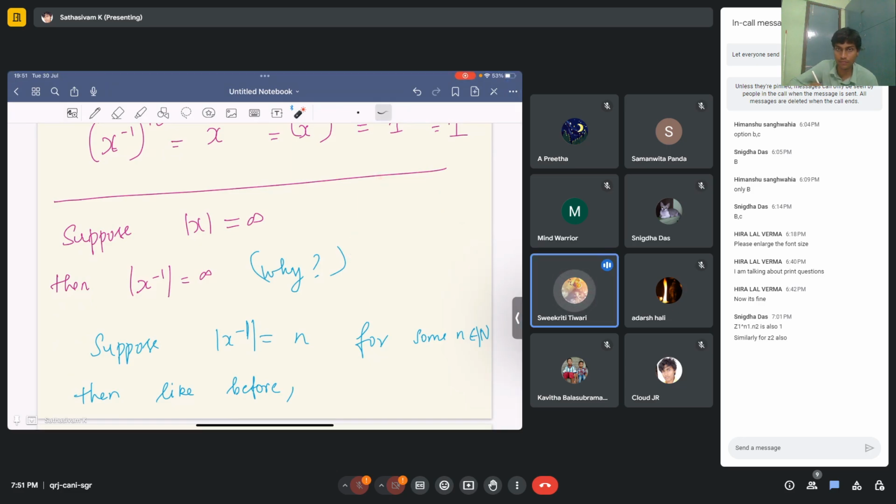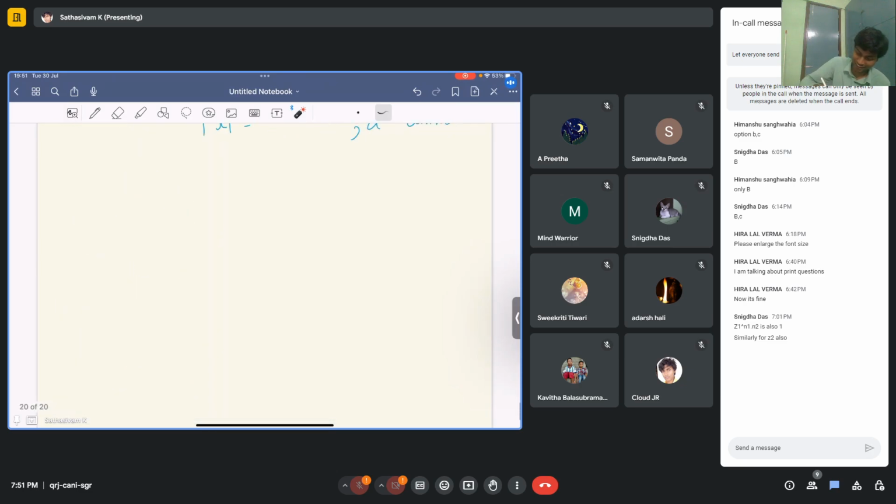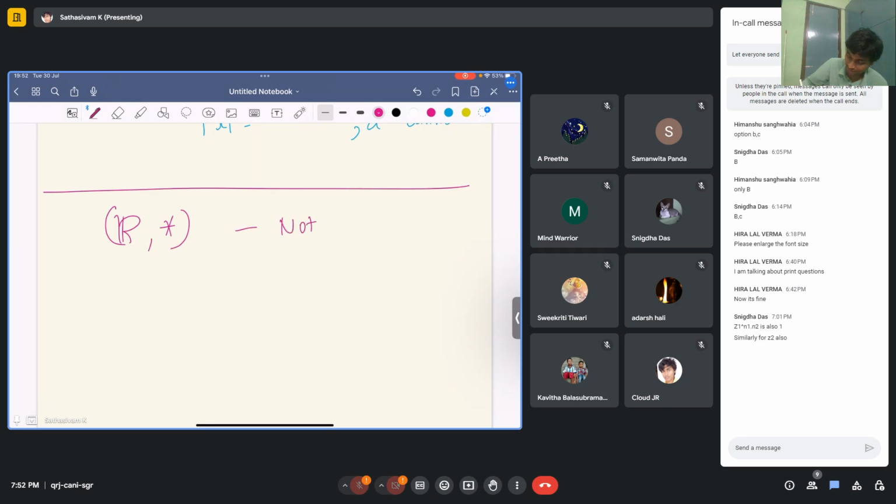Under multiplication, the identity would be 1, and however many times we multiply by 0, it won't give us 1. Yes, here is one interesting thing. If you take R star, this is not a group. Why? Because 0 times any x is 0, and thus the inverse of 0 does not exist. So 0 has no inverse here.